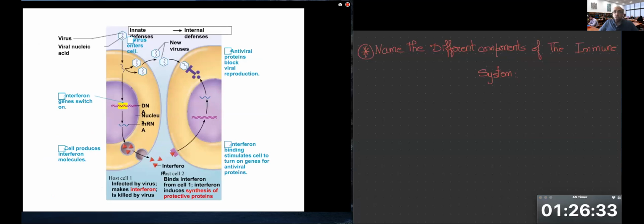So we did also discuss two of the very important chemicals that we share as part of our innate immunity. Those were the interferons, and if you remember, interferons, those were the SOSs that will be sent from the viral infected cells.